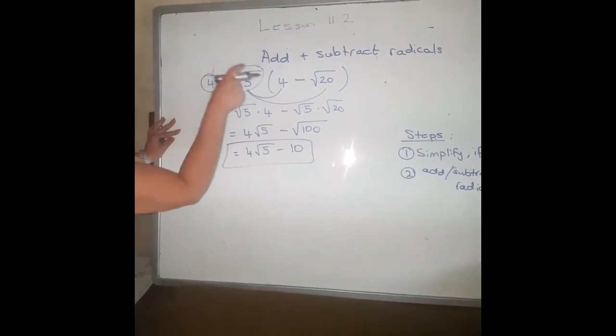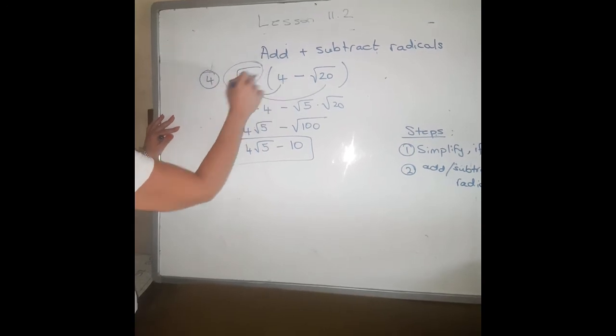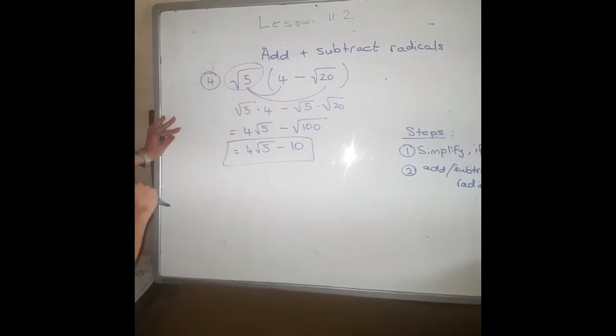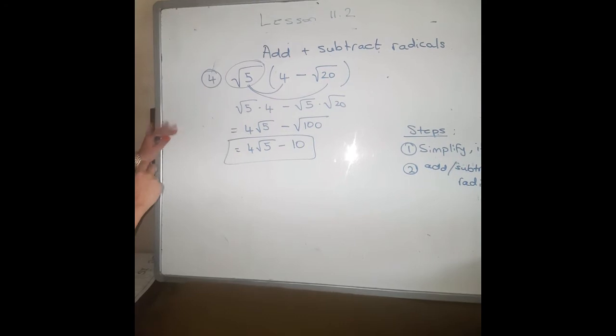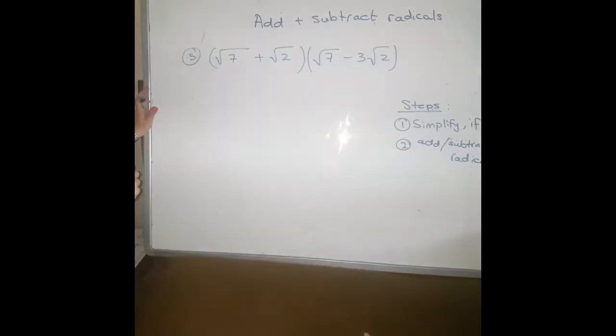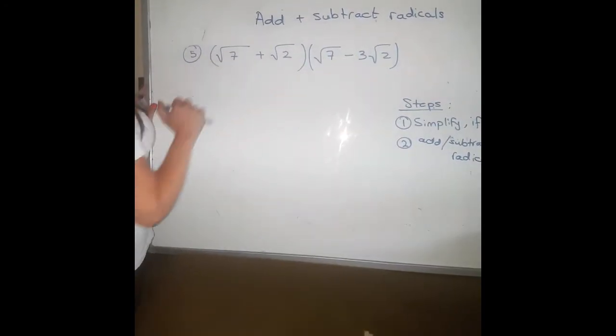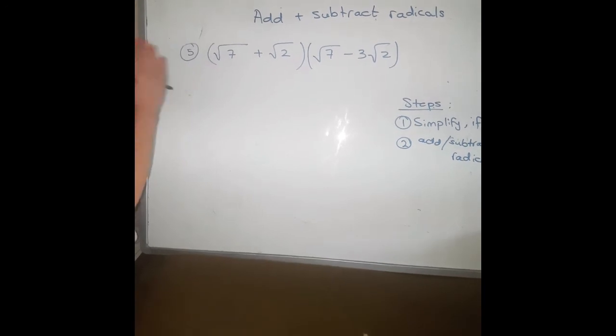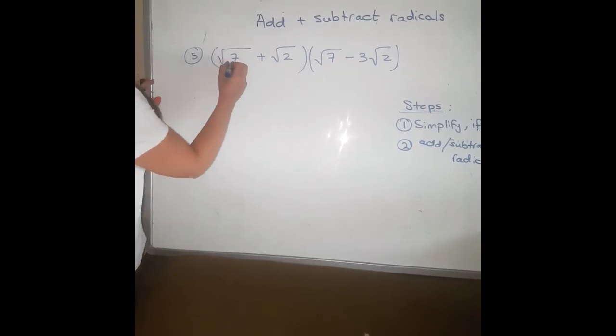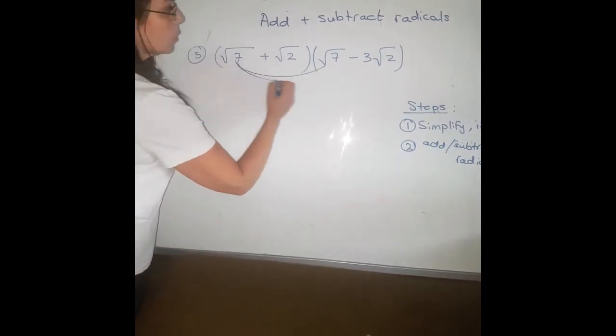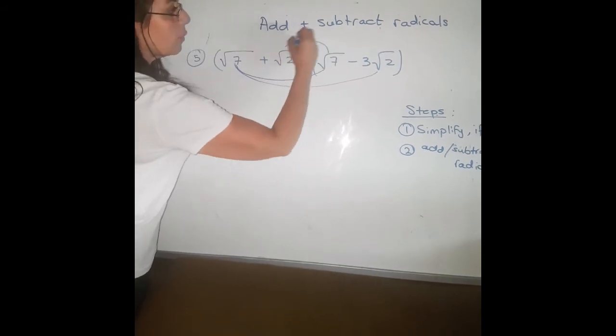Always remember, in adding and subtracting, I'm going to have distributive and I'm going to have multiplying binomials, 2 parentheses into each other. Here I have 2 parentheses and I need to multiply them first, then add or subtract my like terms. I distribute and I distribute again.